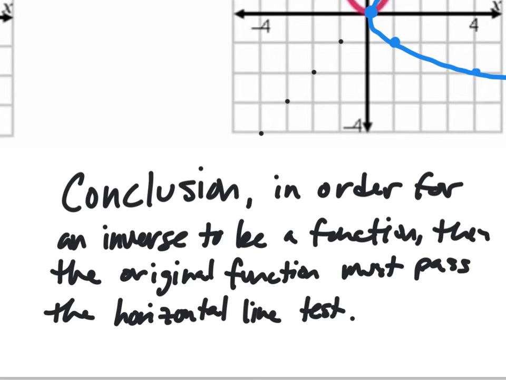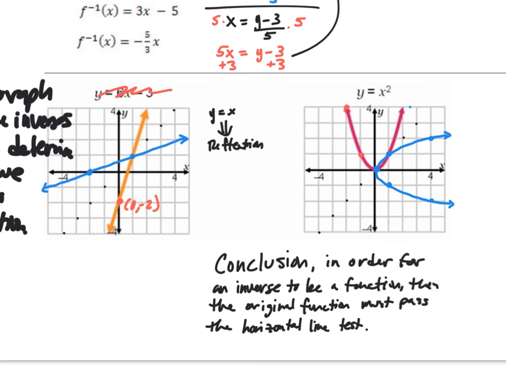Now, what I mean by that, let me draw a line here real quick. I'm going to take this line, and what I notice is that if I take this line on my original function, in this case my orange function, it passes the horizontal line test.